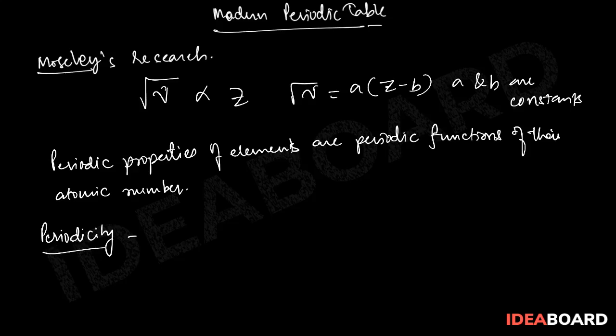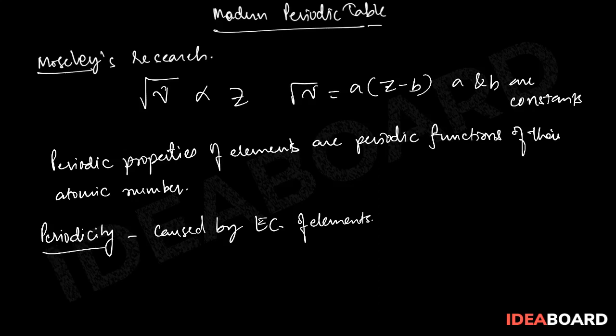So periodicity is caused by the electronic configuration of elements. Because there is a similarity in electronic configuration after regular intervals, there is also repetition of properties, or periodicity in properties.